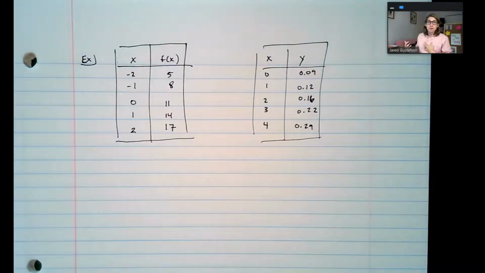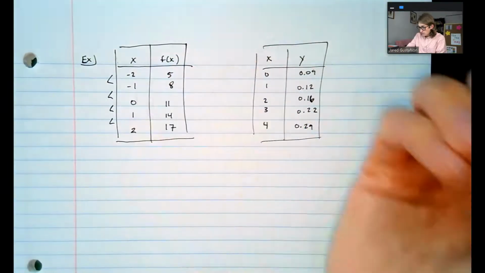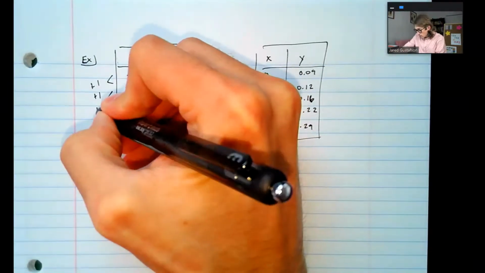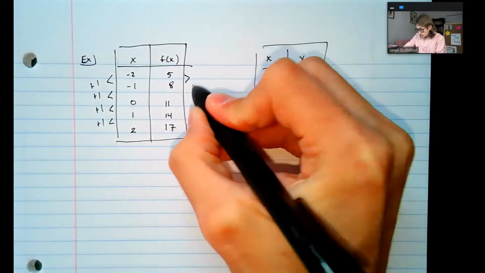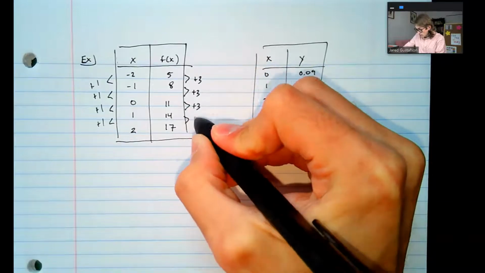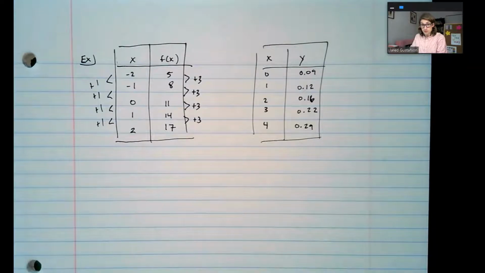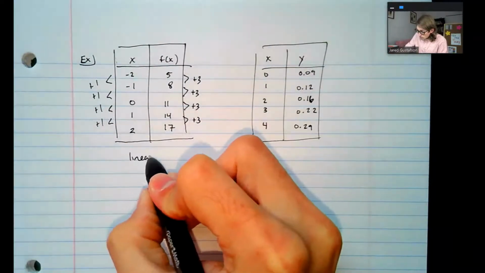How do we figure out if a table of values gives us a linear pattern? You just got to look for constant rates of change. Looking over at the x values of this first table, hopefully you notice they always increase by 1. Looking over at the outputs, they're always increasing by 3. These changes remain constant, so this one is linear.